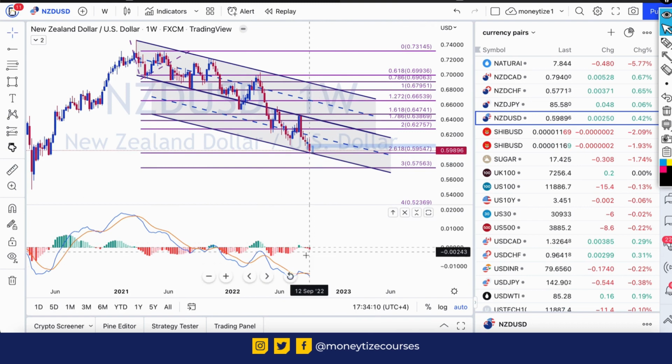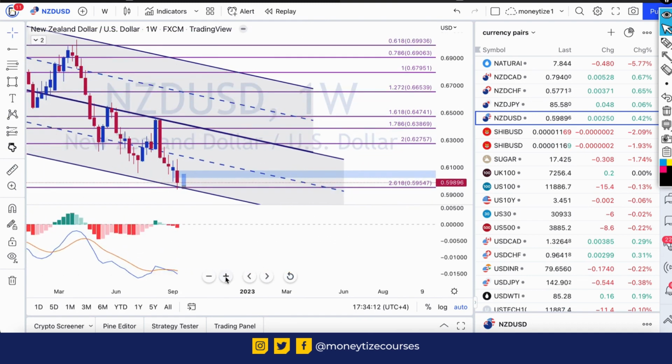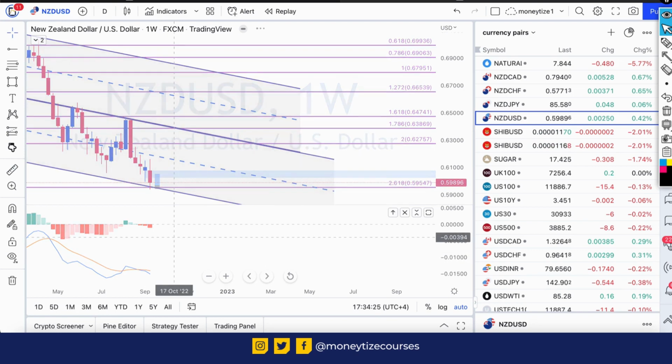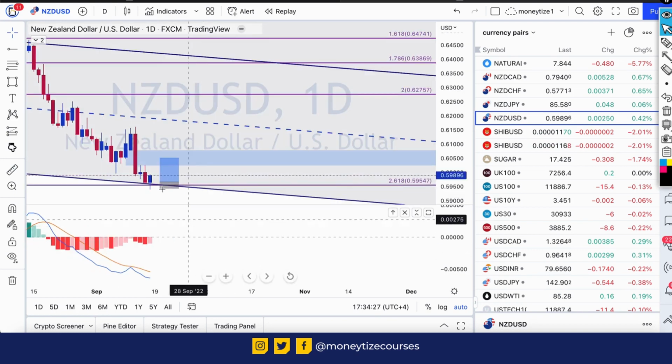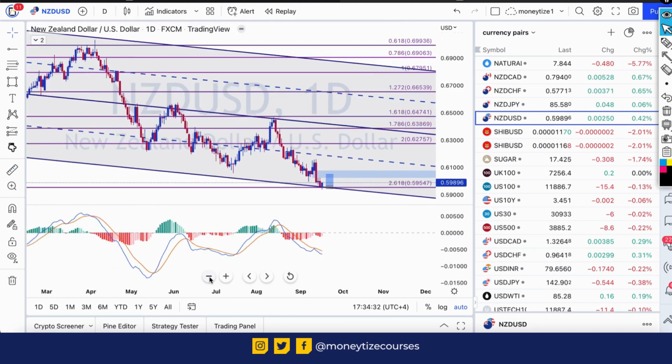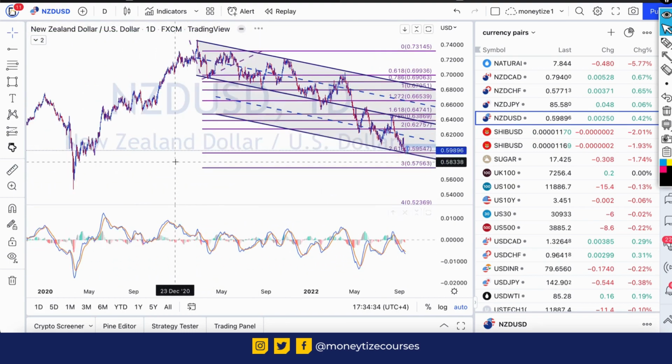We still have bearish scenario on the weekly because the MACD histogram is still pointing downwards, and even the MACD lines cross is open-ended and it's still a bearish cross. So just for the short term, we'll be looking to capture the bounce from the bottom of this falling parallel channel.